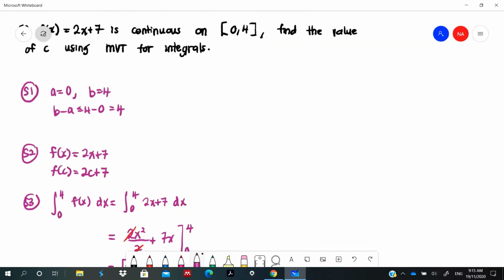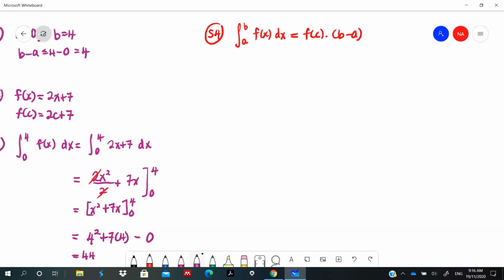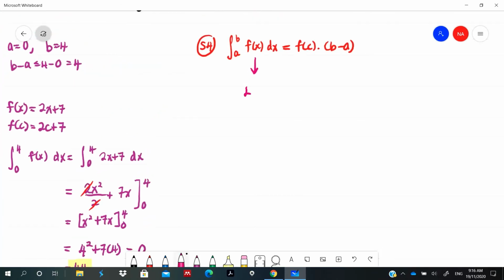The final step is to utilize the formula for the mean value theorem for integrals. Step number 4 is to use the formula: the integral of f(x) dx over [a, b] is given by f(c) multiplied by b minus a. You insert the values, where the integral is 44.